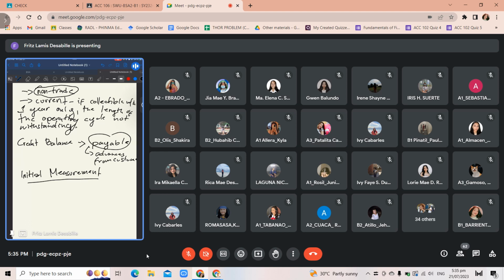So in general, guys, accounts receivable or financial assets, I'll put here financial assets, sige, AR na lang. Later I'll discuss financial assets. So conceptually, accounts receivable is measured at what we call transaction price.